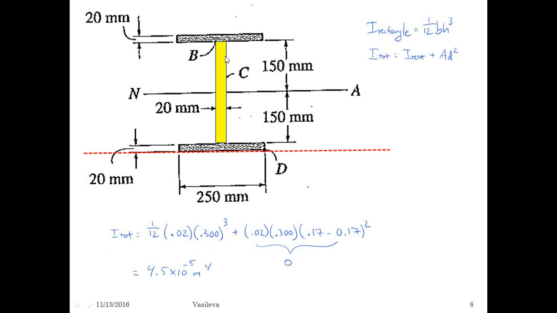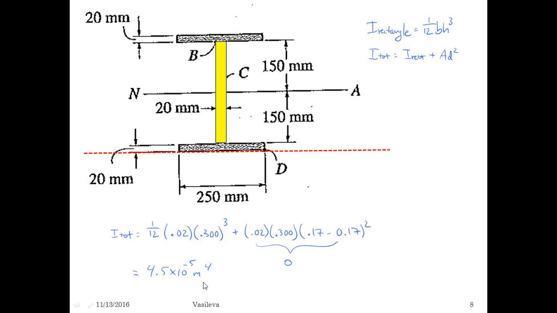Now I look at the long rectangle here. 1/12 base, 20 times the height, which is 300 cubed, plus the area, 20 times 300, times d squared. Now once again, for d squared, we start from the bottom, we go to the neutral axis, that's 170 millimeters, minus the distance to the center of gravity of this rectangle, and it just so happens that the center of gravity of this rectangle is also 170 millimeters, so this portion cancels out, it just becomes 0.